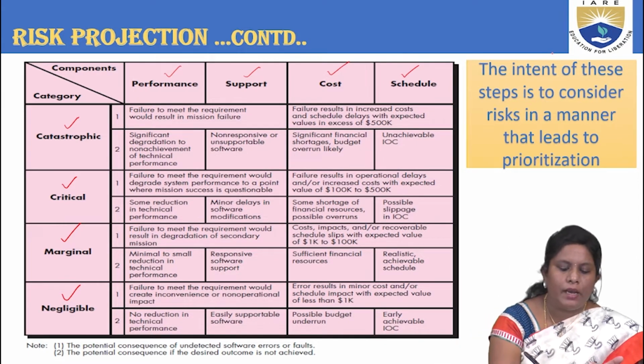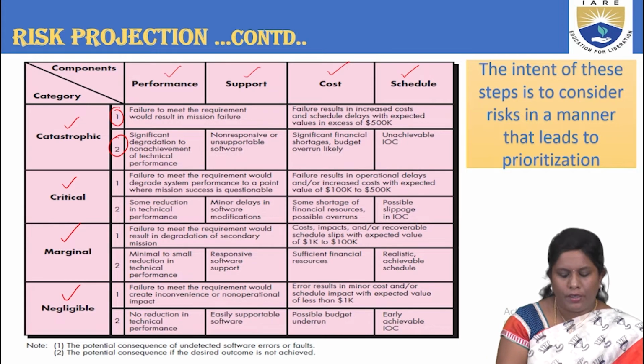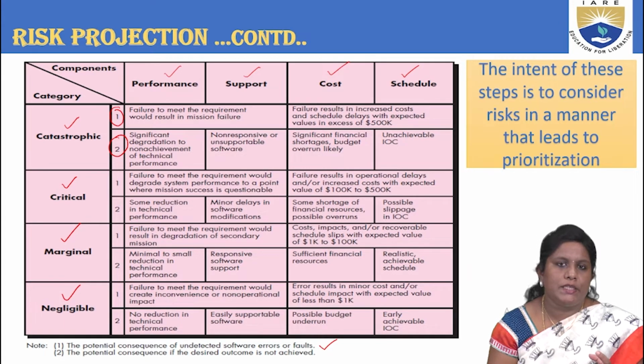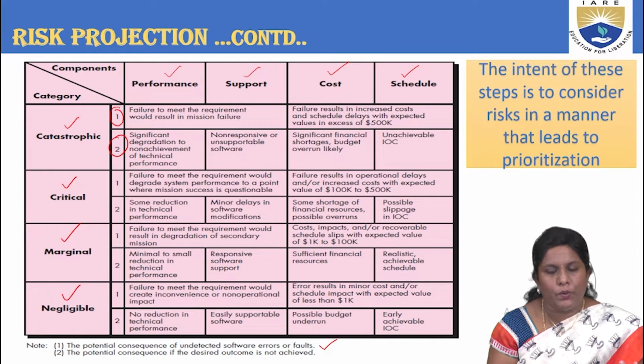And if you see, there are two numbers that have been stated, number 1 and number 2. If you come down to the slide over here, on number 1, we can see that it is the potential consequence. Consequence is nothing but the things that are reflected once you are executing with undetected software errors.